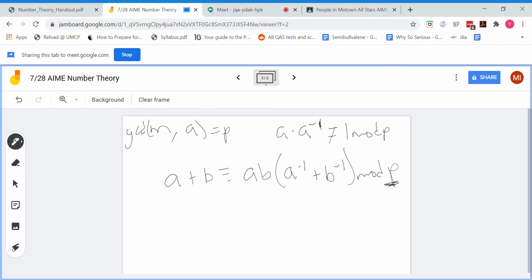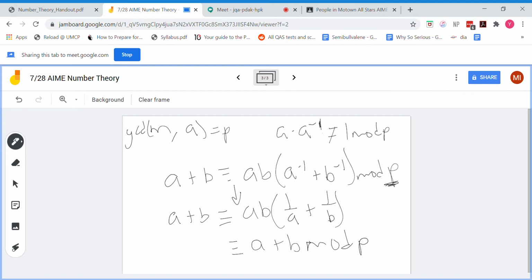Basically, this rule shows us that we can work with inverses as if they were fractions. If we write this as a fraction, AB times (1 over A plus 1 over B), then this equals, obviously, A plus B. And that's what we would expect. So whenever we're working with inverses, we can treat them as fractions.